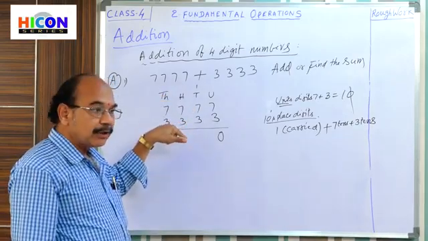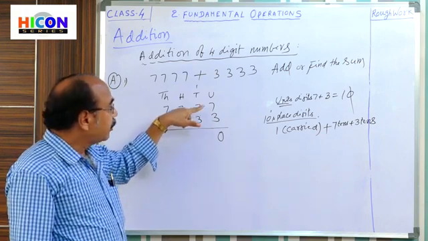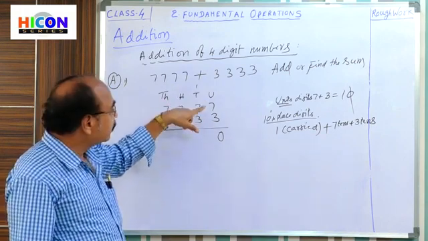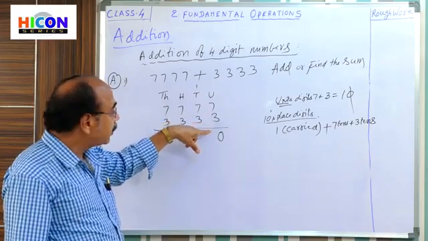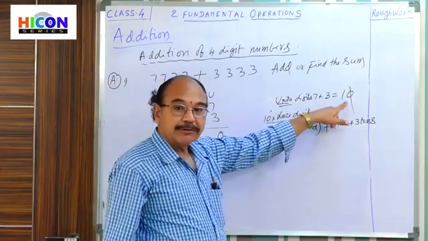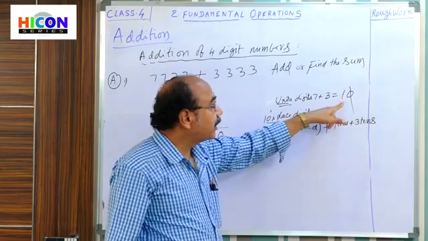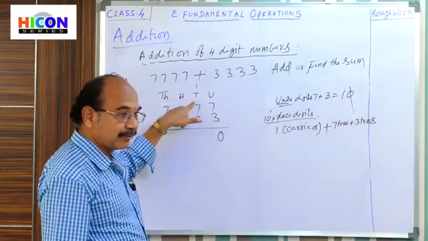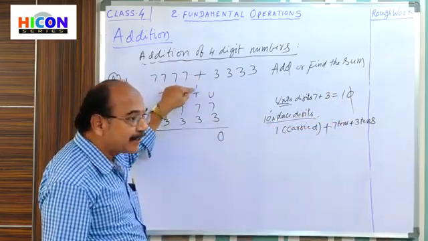Why? Because when you are adding units digits 7 plus 3, you got 10. 10 means 1 0, so 1 ten is there now. That one is carried 10. That's why we are calling this carried 10.